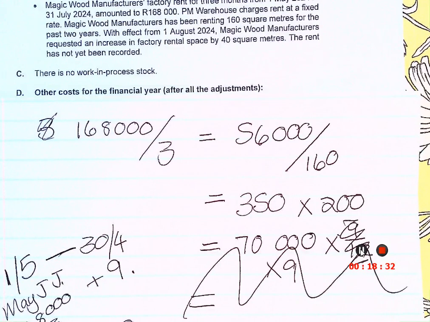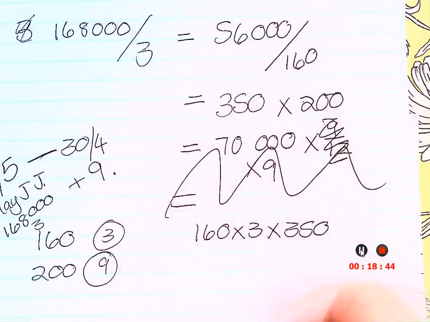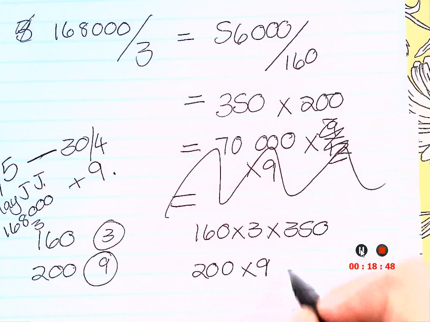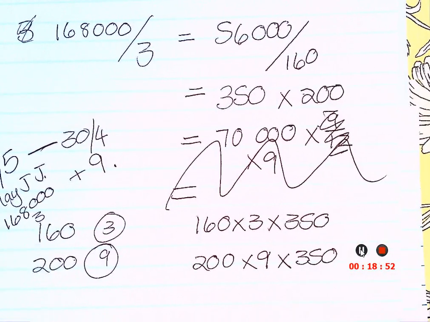So in other words, if I say 160 times 3 months times 350, and 200 for 9 months times 350, then I ought to get the answer.